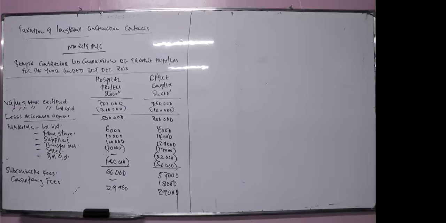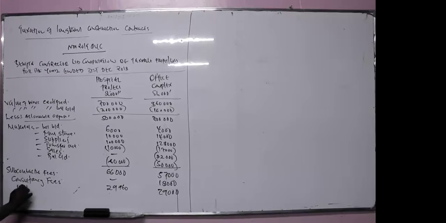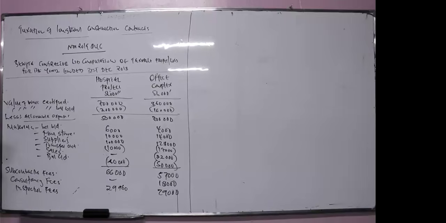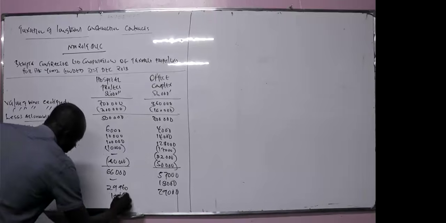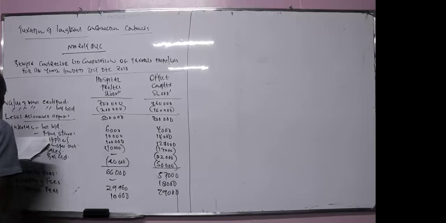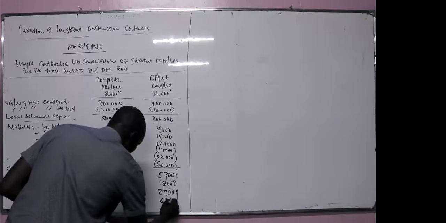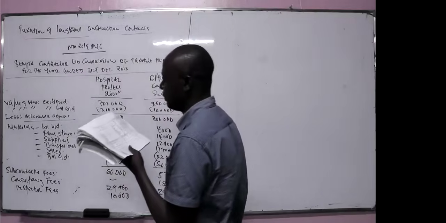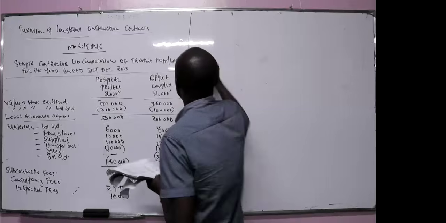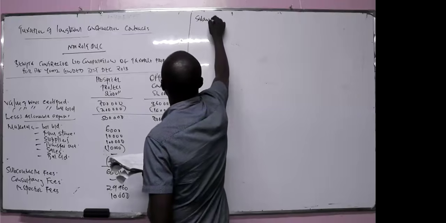Then we have inspection fees. This is 10,000, 5,000. That is allowable, isn't it? And then we move on to the next item. So we have salaries and wages.